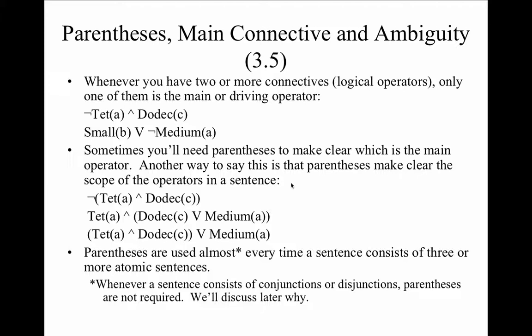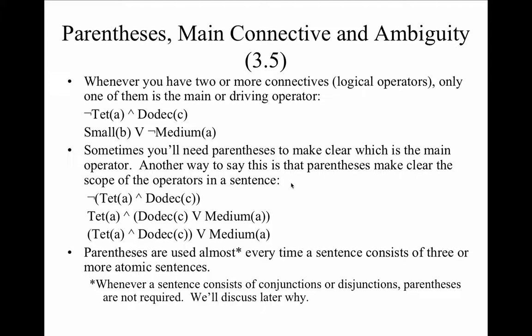The sentence says, A is a tet and either one of these two things is the case. One of the ways you might think about the parentheses is as follows. Whatever is inside the parentheses is never going to be the main connective. It's never going to be the governing operator. It's never going to drive the sentence.